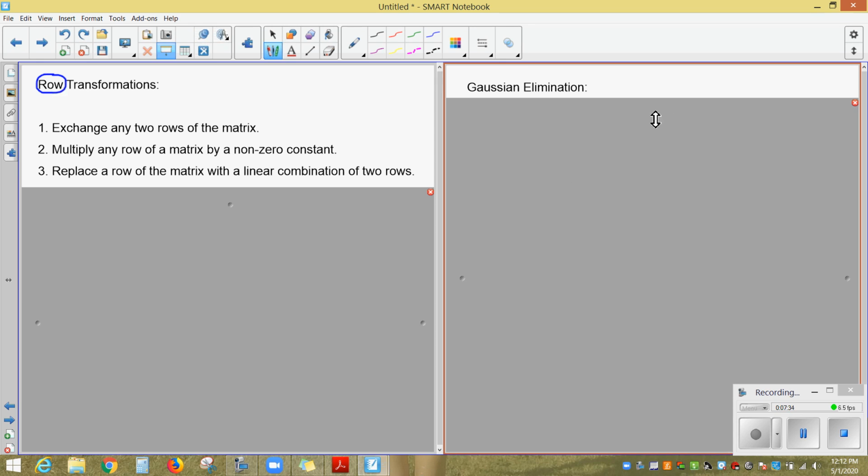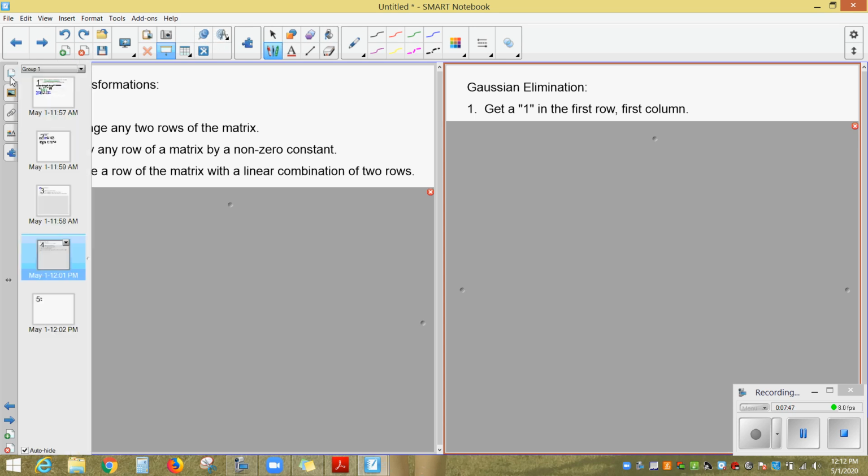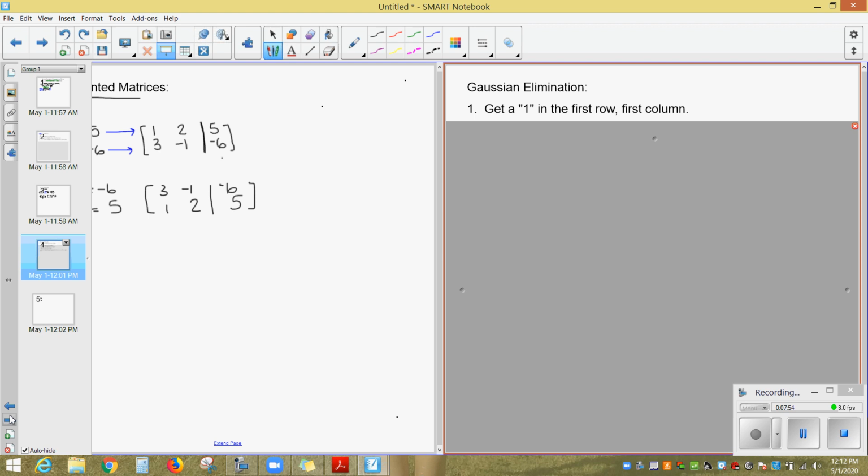When we're doing Gaussian elimination, our first job, our first step, is that we need to get a 1 in the first row in the first column. Let me see if I can drag and change places. Here. I think that worked.